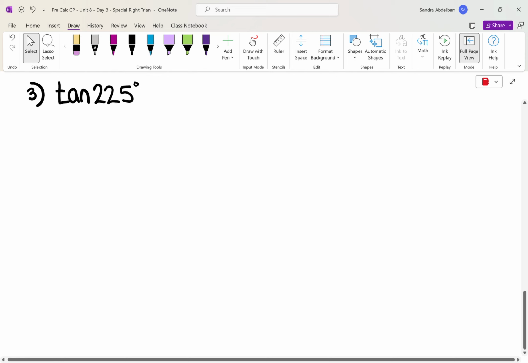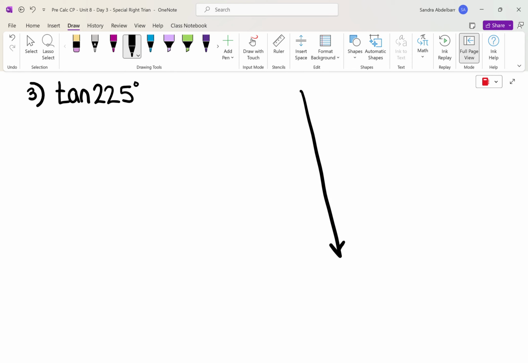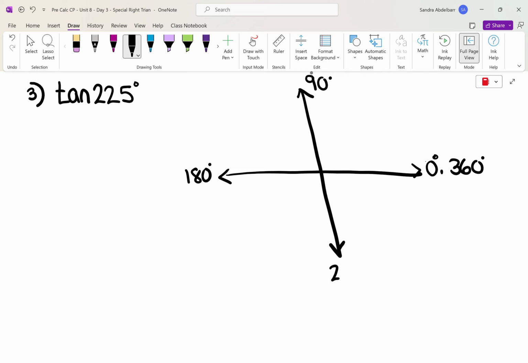Don't you know already that it's 45 because it has 5 and you subtract 3? That's good. Very good. Okay, so we have to figure out which quadrant we're going into. So this is 0, 360, 90, 180, 270.